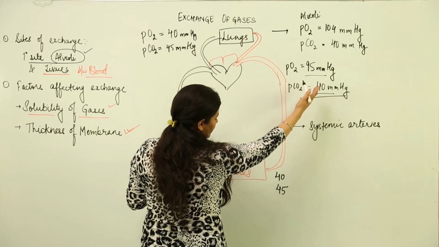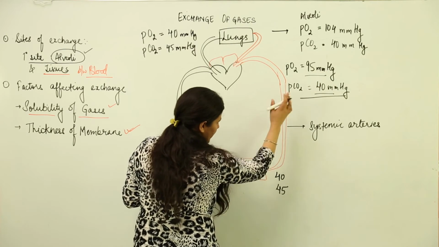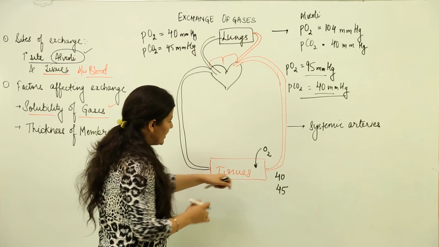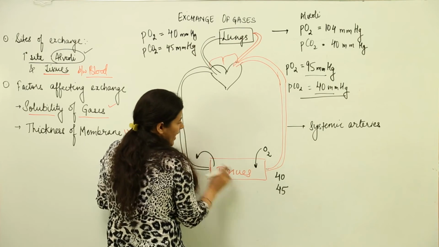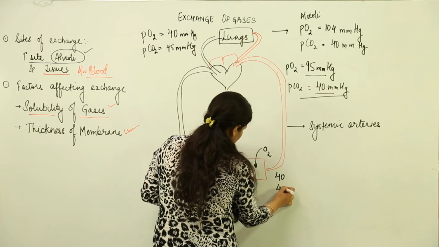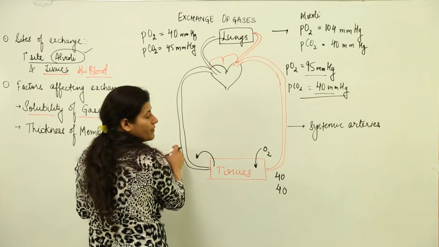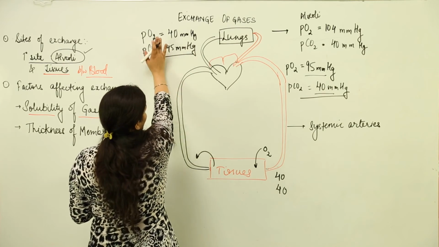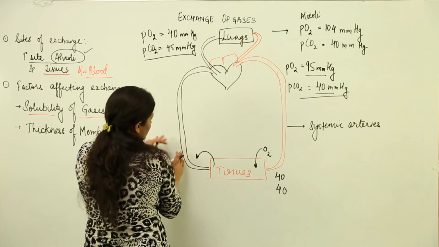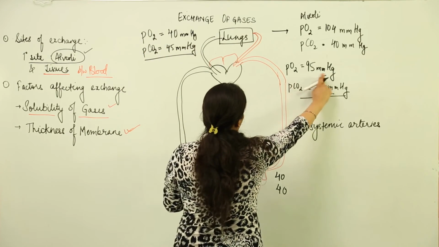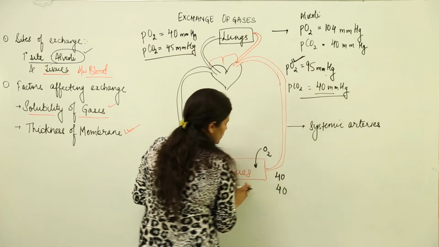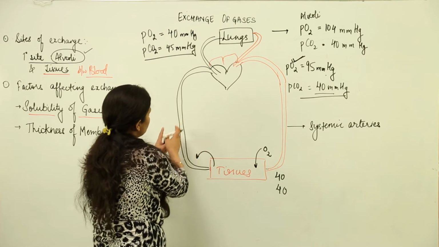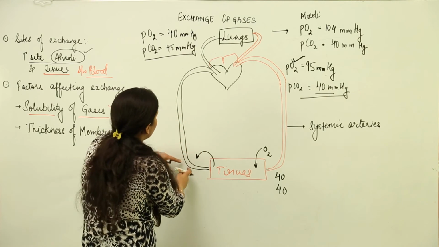This pressure gradient would automatically move oxygen inside the tissues, and carbon dioxide would be given back to the blood. It would make the blood deoxygenated, and the carbon dioxide would go back to 45, and the oxygen would be reduced. Because the oxygen got diffused into the tissues, the carbon dioxide got diffused into the blood.